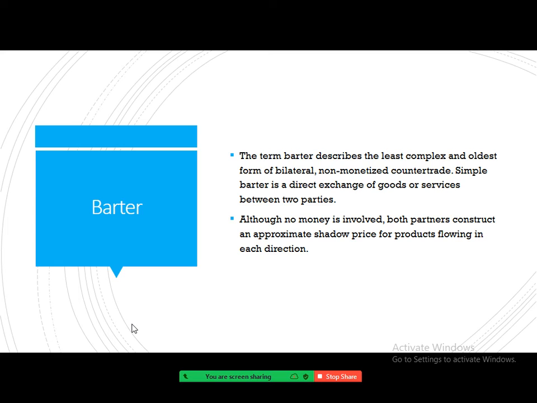So the term barter describes the least complex and oldest form of bilateral, non-monetized counter trade. Simple barter is a direct exchange of goods and services between two parties. Although no money is involved, both partners construct an approximate shadow price for products flowing in each direction.